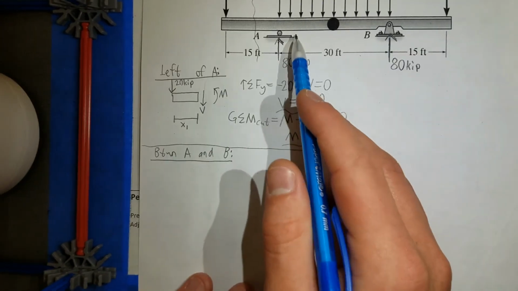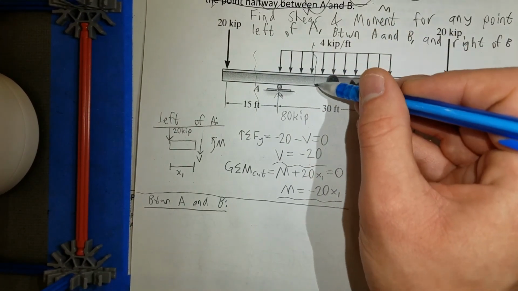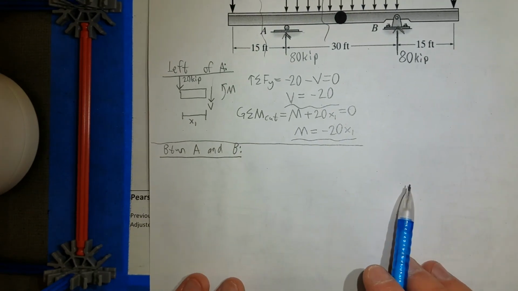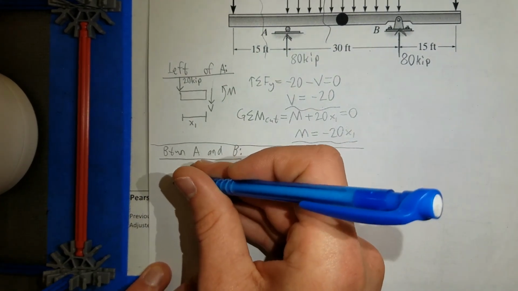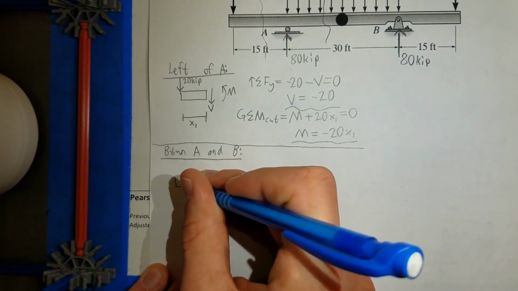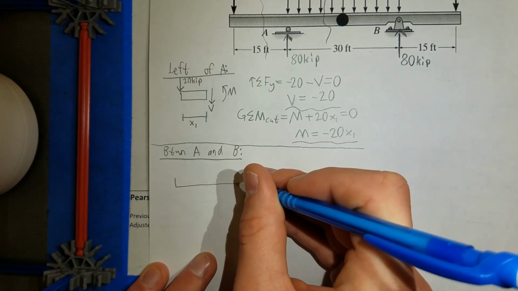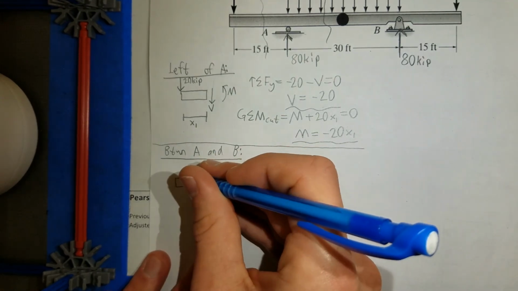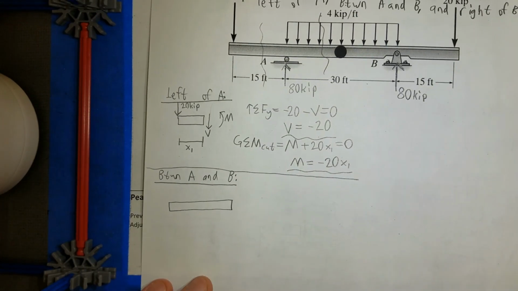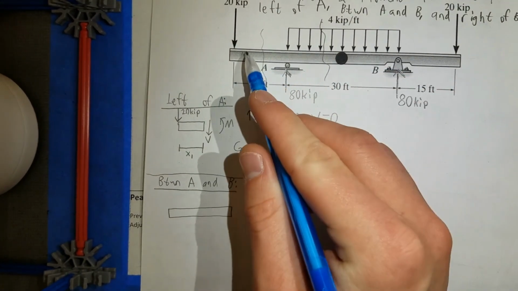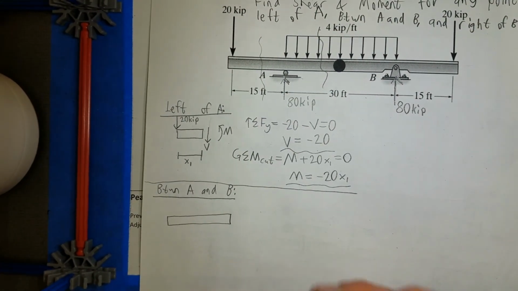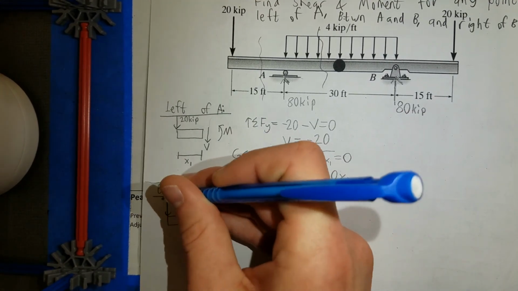So between A and B, we'll draw another imaginary cut somewhere along there. And if we draw in our free body diagram, we're still going to have this 20 kips acting on the left, downward.